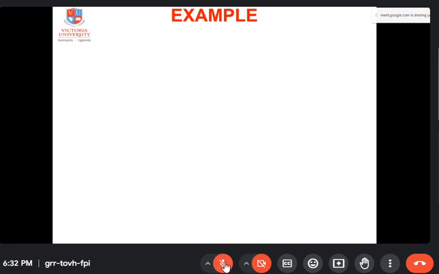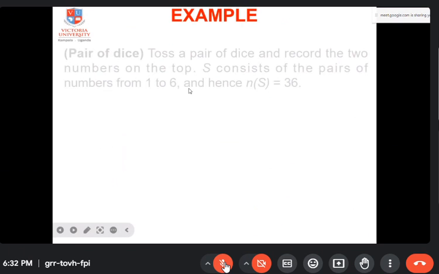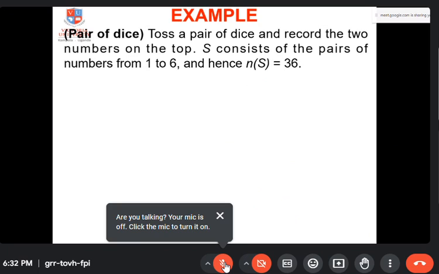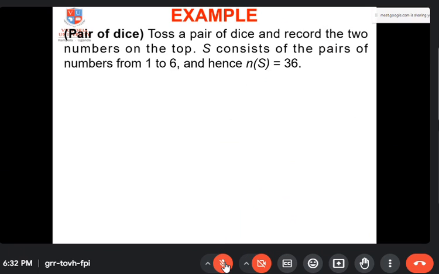Very good. So the total sample space is 36. Because you can take, let us say die 1 is a 1, die 2 is a 1, that is 1. We can have a 1, 2, a 1, 3, a 1, 4, a 1, 5, a 1, 6.